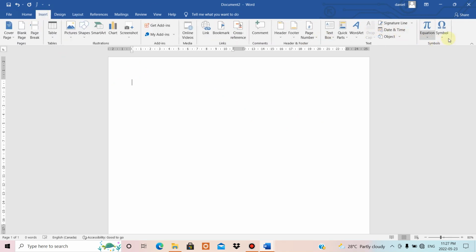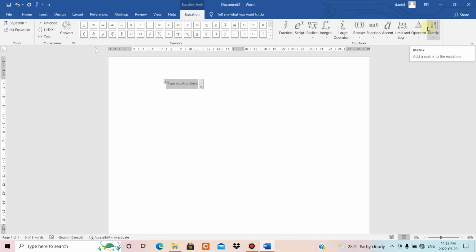At your extreme right-hand side, there are two menus up here: you have Equation and you have Symbol. This is what we use to type all our mathematical formulas and equations. So I will click on Equation. Now I will take you through this briefly.